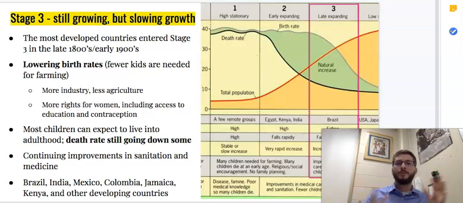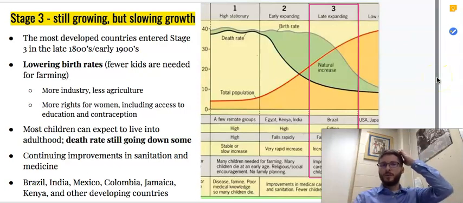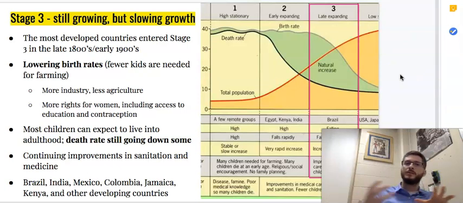Okay, the most developed countries got there around the late 1800s, maybe the early 1900s. People are shifting away in large amounts from the need for having children for farm work and chores and stuff like that. As they move into cities, right, it's not economical for a family to have 6 kids if you're living in a city.